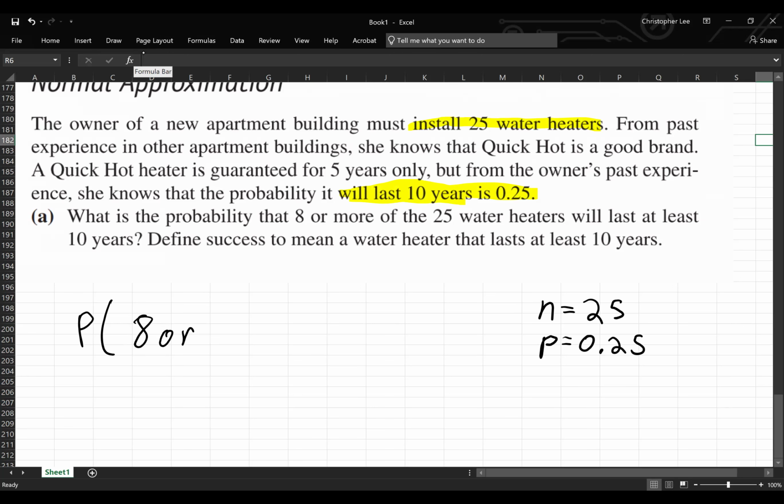Let's turn that into math. They want to know what's the probability of R greater than or equal to 8. We agree?